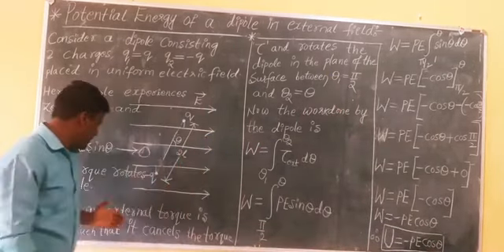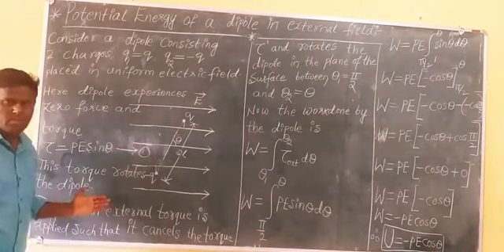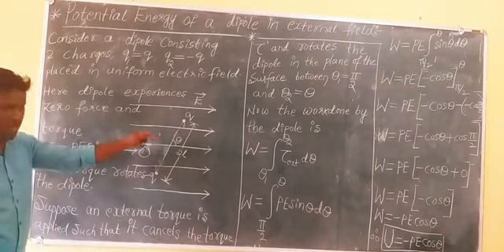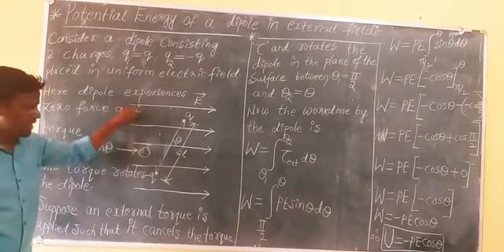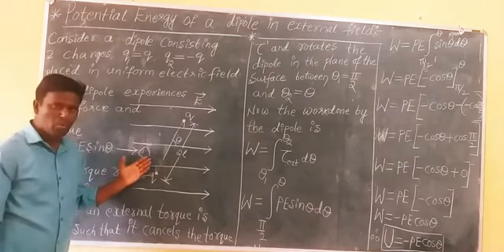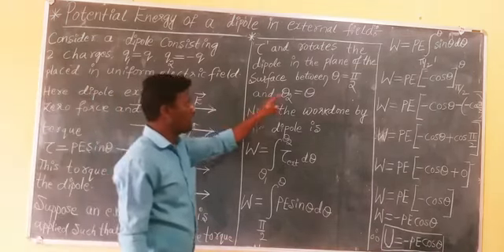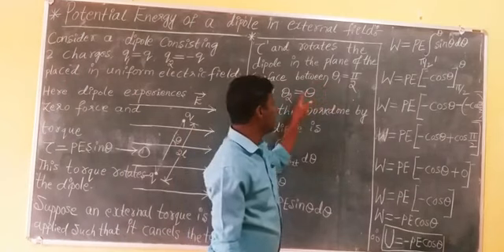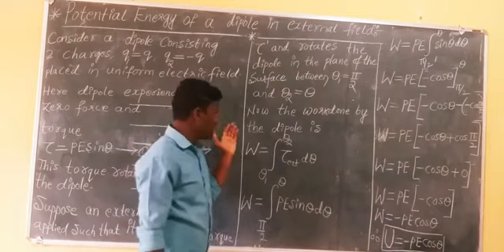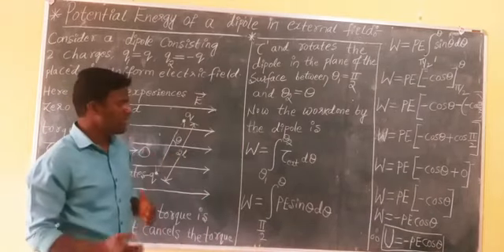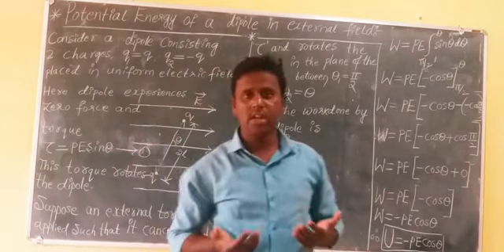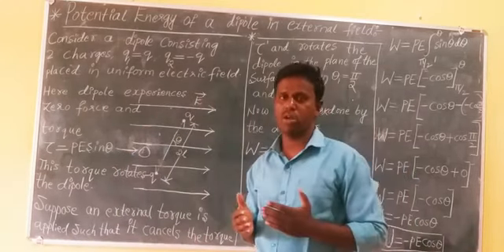If you apply an external torque which cancels the effect of the internal torque acting on the dipole because of this electric field, and which also rotates the dipole between the two angles theta 1 equals pi by 2 and theta 2 equals theta, then the external torque is rotating the dipole, meaning it is doing some amount of work.